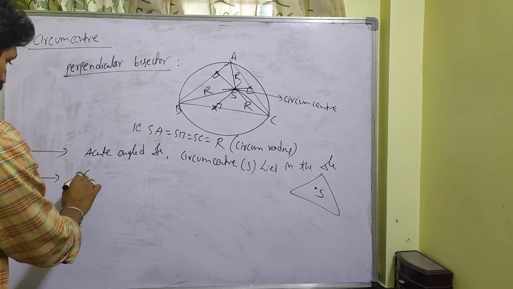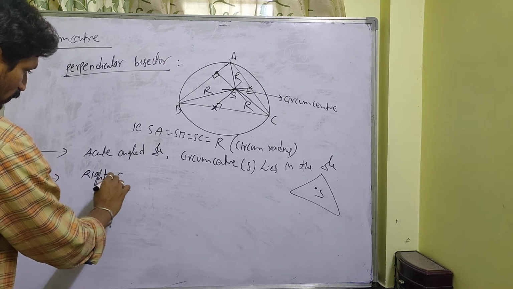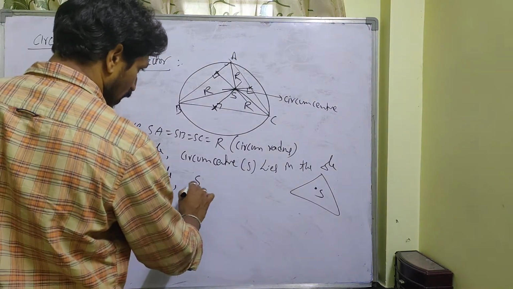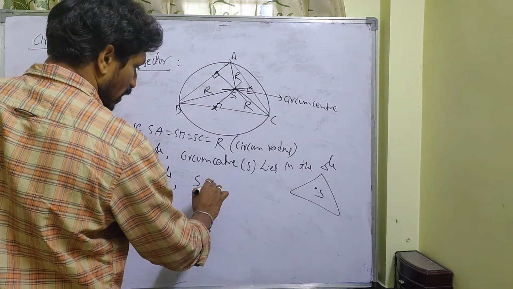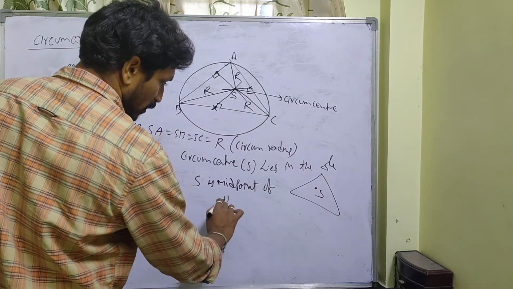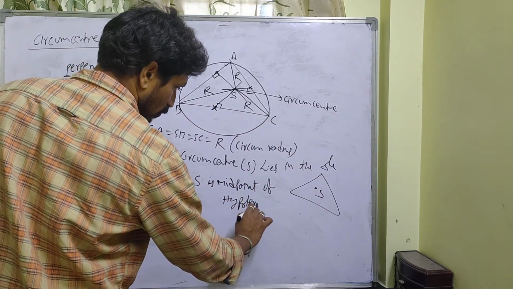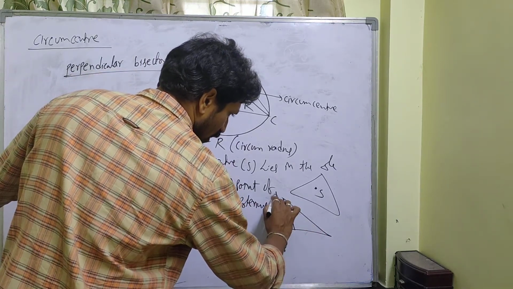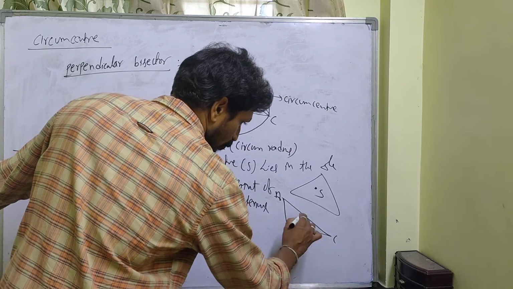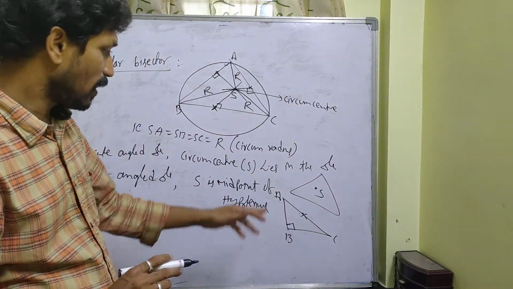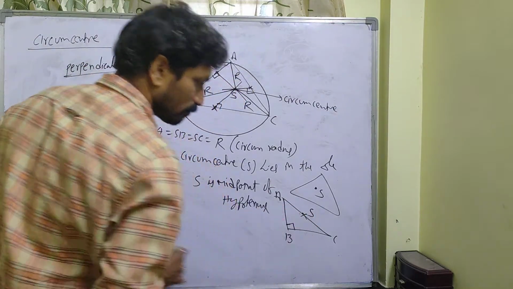If it is a right angle triangle, then the circumcenter is the midpoint of the hypotenuse. That means if it is the right angle triangle ABC, then the midpoint of AC, that is the hypotenuse, is the circumcenter.